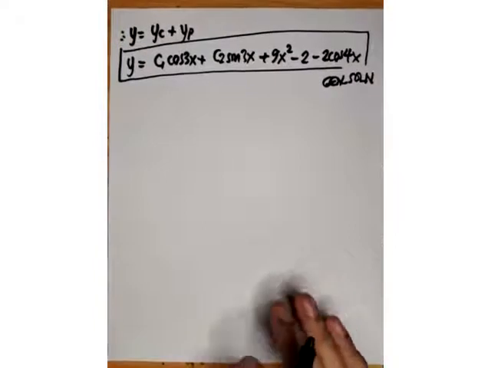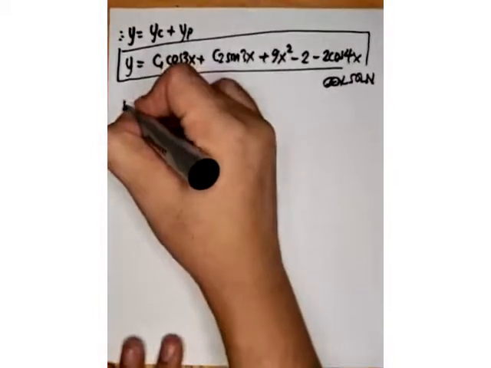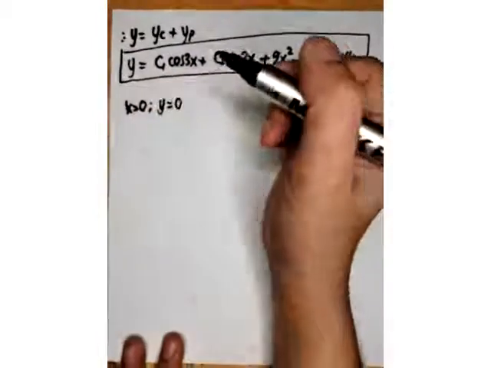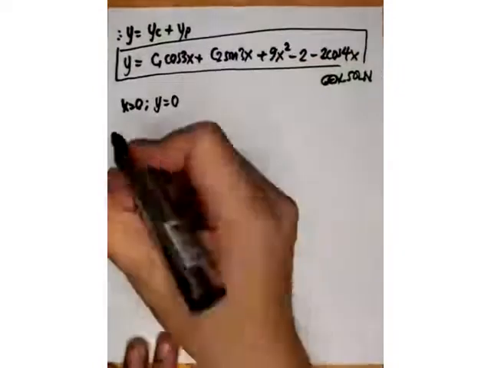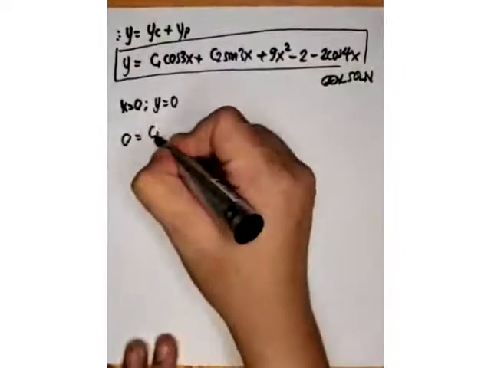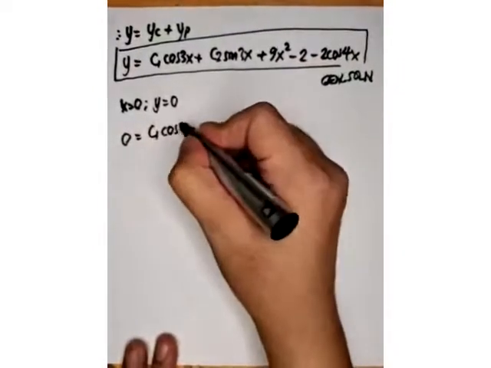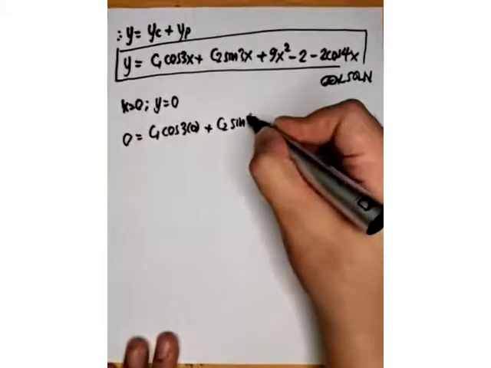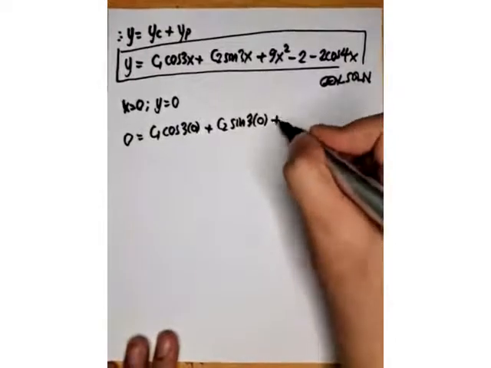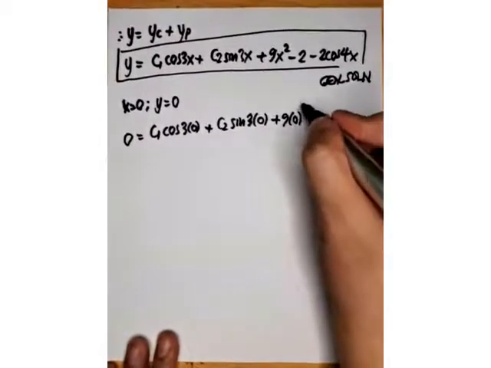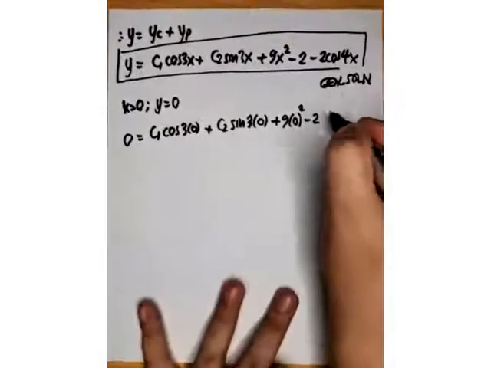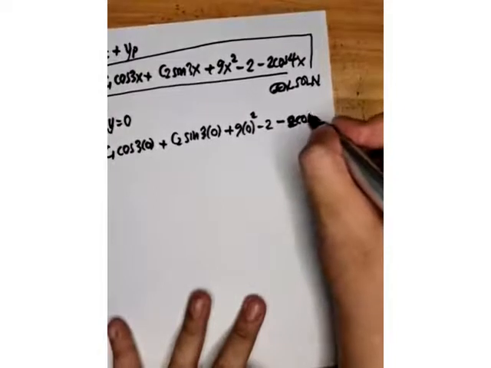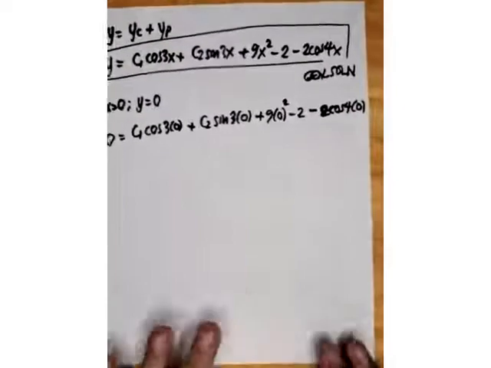Okay, but we have a condition. So our first condition is when x is 0, y is also 0. That's our first condition. So let's apply that. So 0 is equal to C1 cosine 3 times 0 plus C2 sine 3 times 0 plus 9 times 0 squared minus 2 minus 2 cosine 4 times 0.